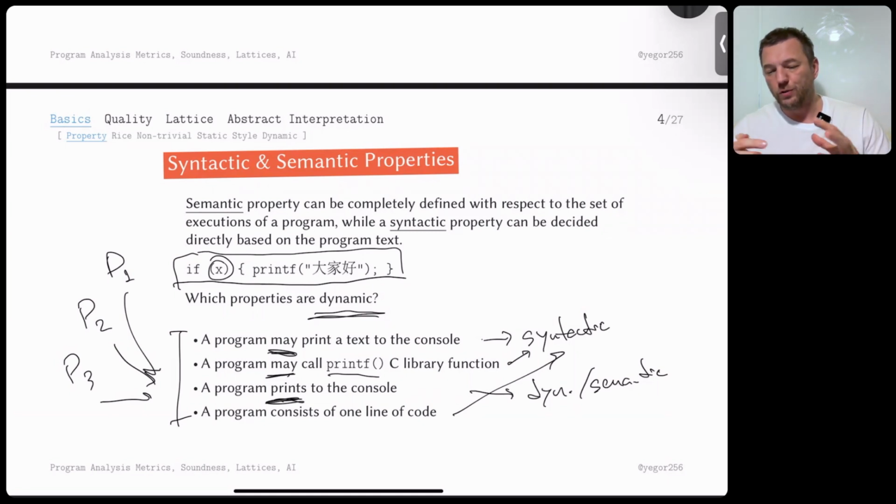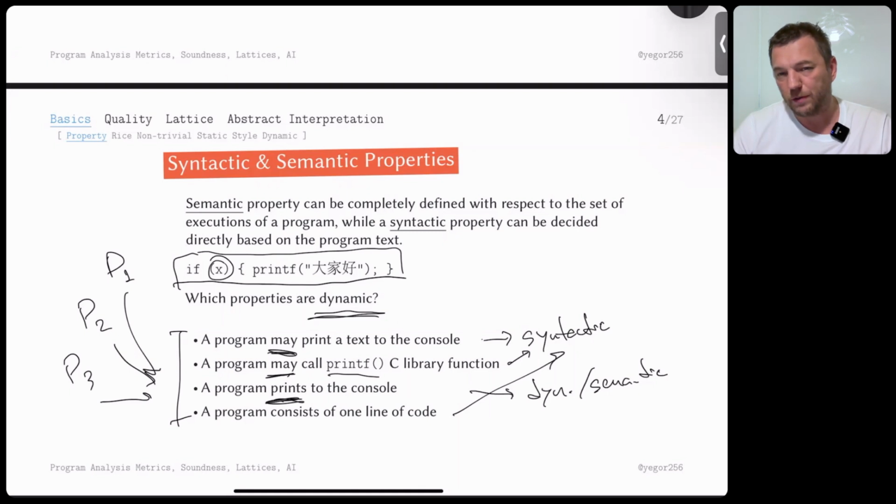We don't want to get a program and then run it multiple times in order to understand how it behaves. We want this decision to be made somehow before we run the program, or maybe after we run the program, but we want these decisions to be made in a generic way for different classes of programs.